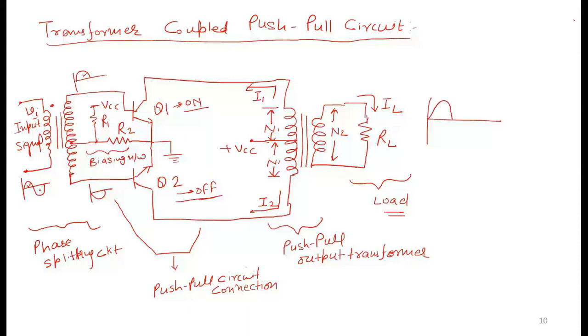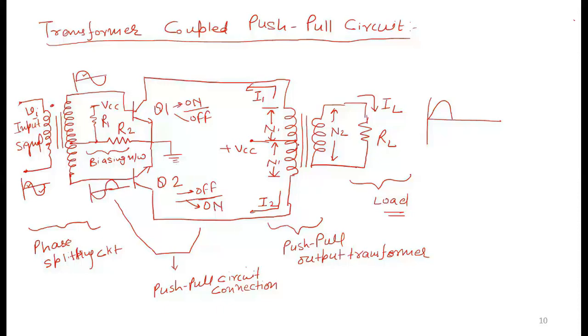So during the second half negative cycle, this will be negative cycle and this will be positive cycle. Hence this transistor will be off in the second half cycle and this transistor will be on. So when this transistor is on, the current I2 will flow, which has the reverse direction. Earlier the direction of I1 was upward, now the direction of I2 is downward.